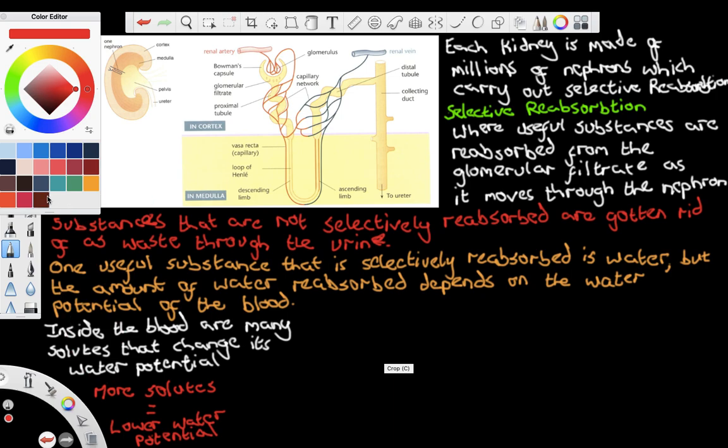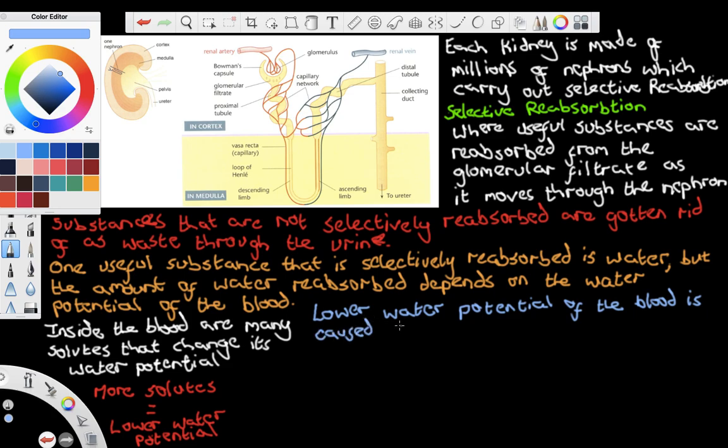So we can say that lower water potential of the blood is caused by: we've got low intake of water.